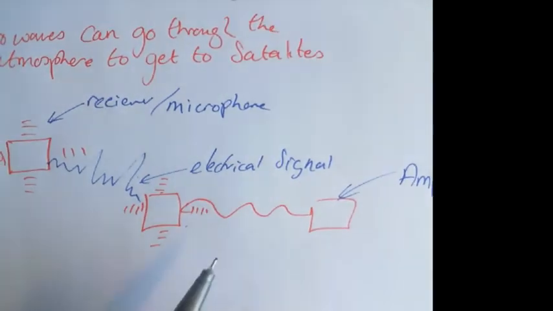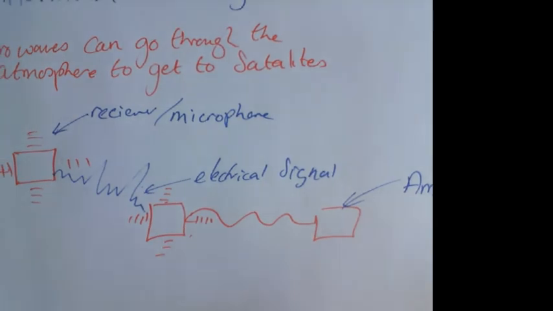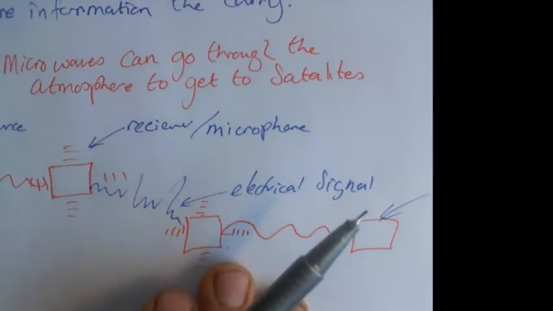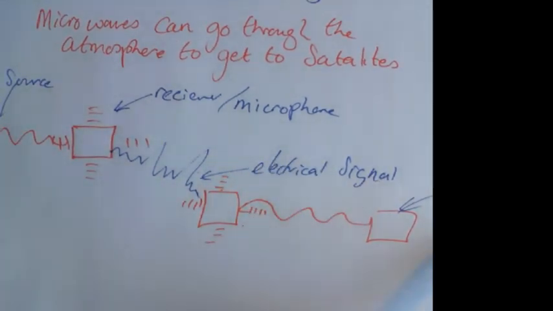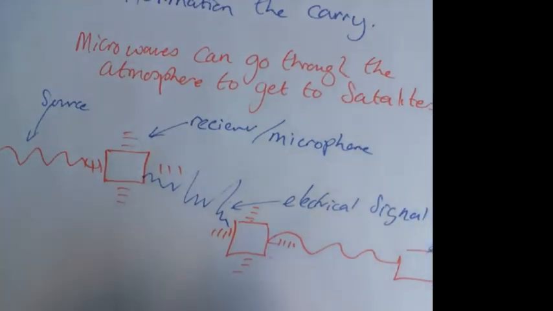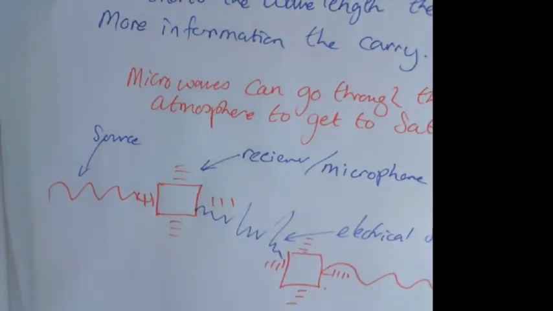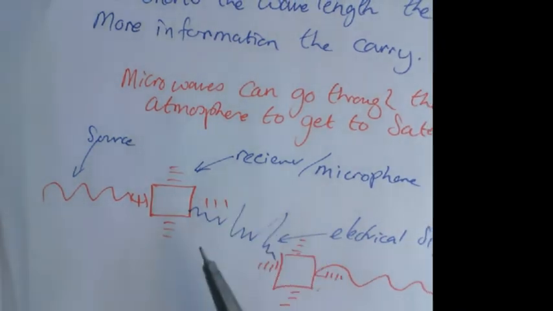And all that does is it turns that small signal into a bigger signal. It doesn't change it at all. It just increases the amplitude. Amplifier. Okay, so that's how you can turn these signals, and in different things they'll have different receivers for them.